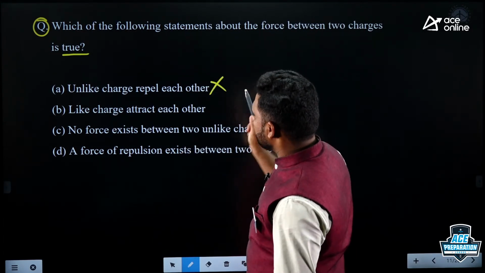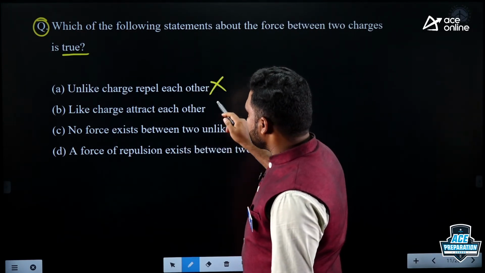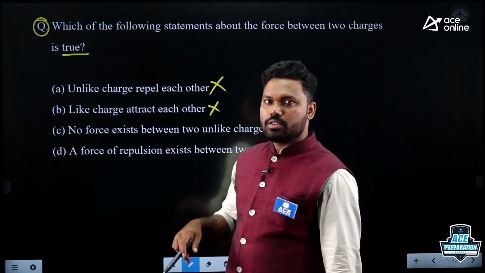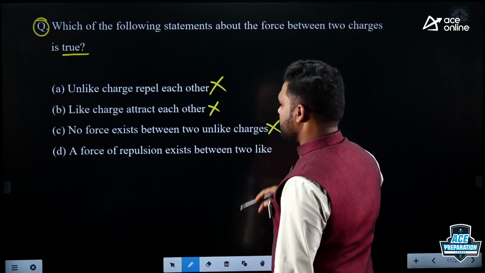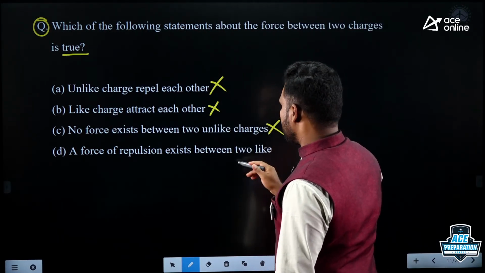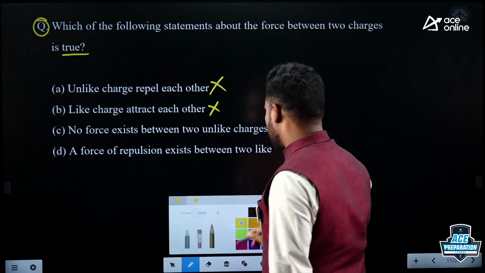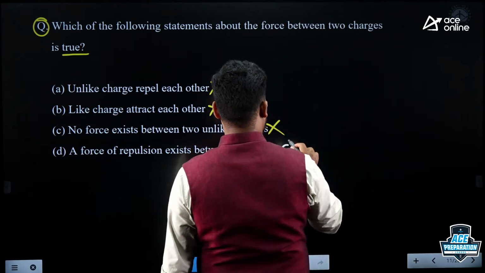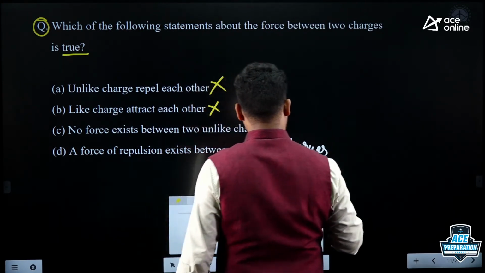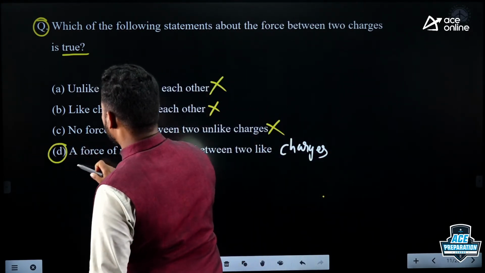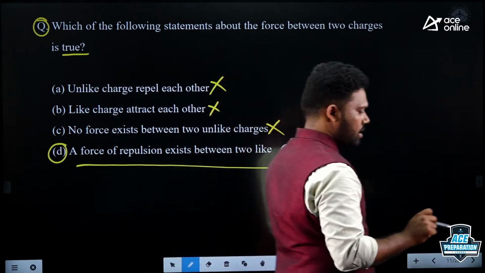Wrong statement. Like charges attract each other? Wrong statement. Positive-positive, negative-negative, no. No force exists between two unlike charges? Wrong statement. A force of repulsion exists between two like charges. Like charges. So this is the correct statement. Option D is correct.